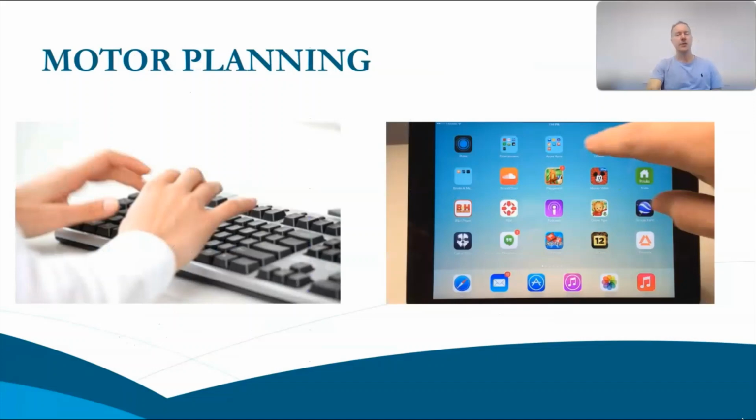The last main consideration when looking at a communication device is how it is organized. This is where motor planning becomes our best friend. To make our point, think about how you can type out your name on a keyboard without looking. Or think about how easy it is for you to find your favorite apps on your smartphone.